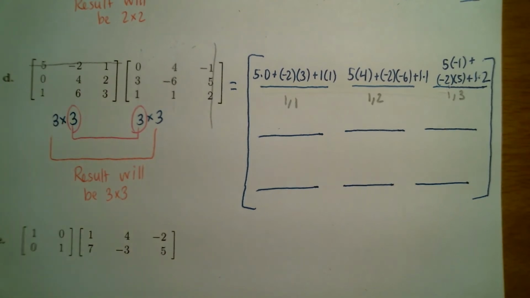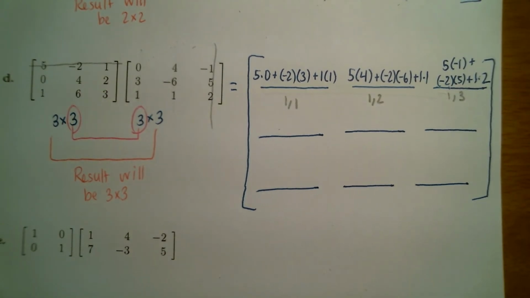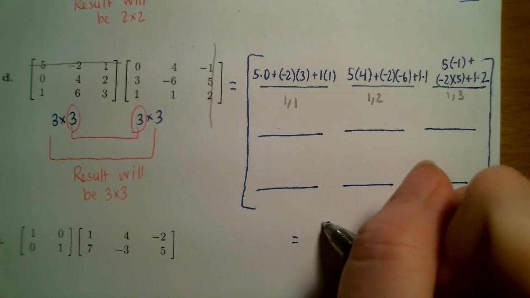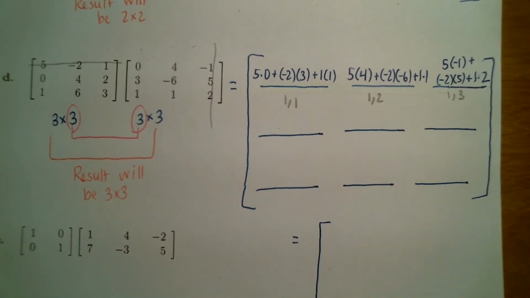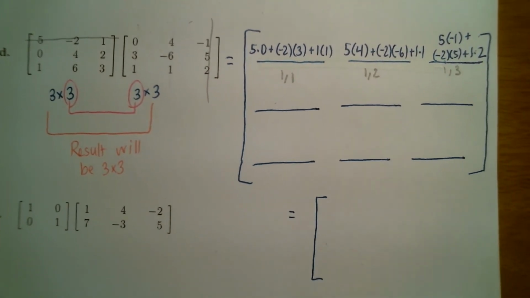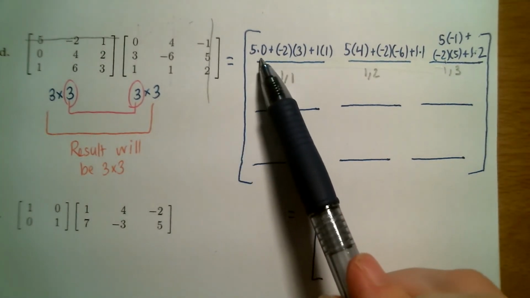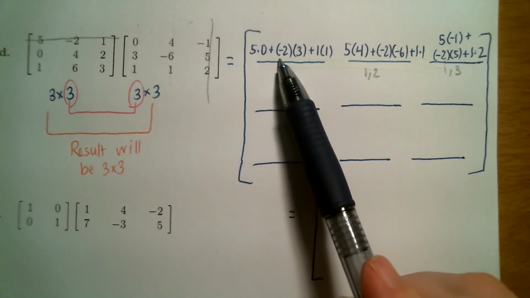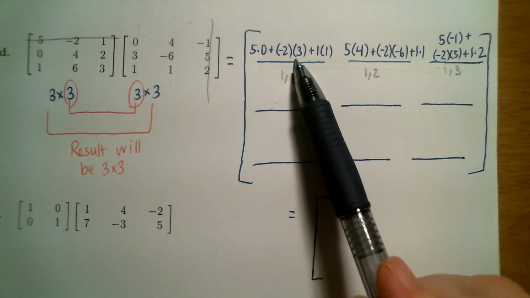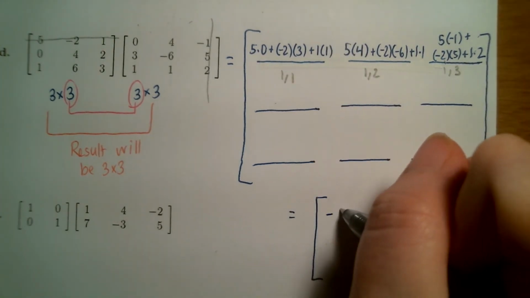All right, and we can go ahead and simplify this if we want. And then we'll move on to the other two rows. This is going to be 0. Then this is going to be negative 2 times 3 is negative 6, plus 1 is negative 5.